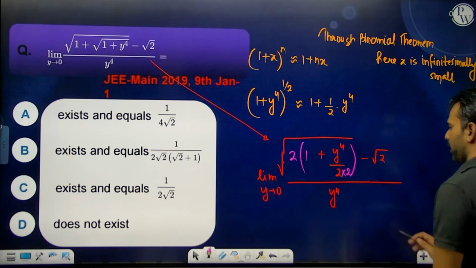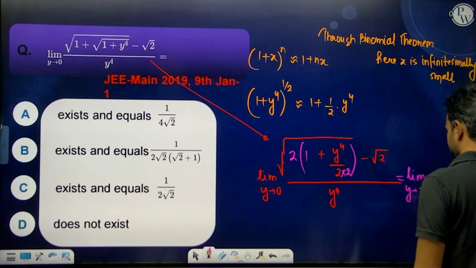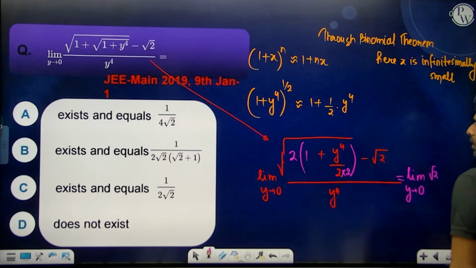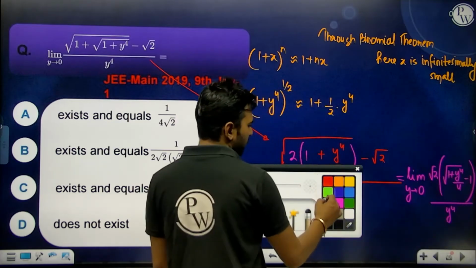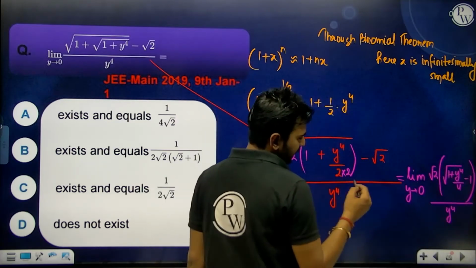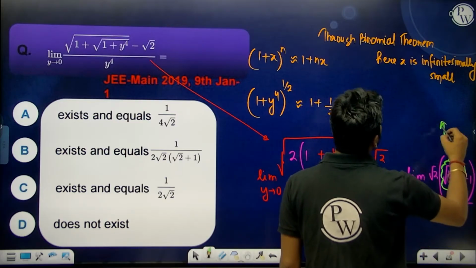Now if you take root 2 common, it is going to be under root 1 plus y to the power 4 upon 4 minus 1, divided by y to the power 4. Now understand over here that here also we can apply the same thing that we have studied over here, this one.